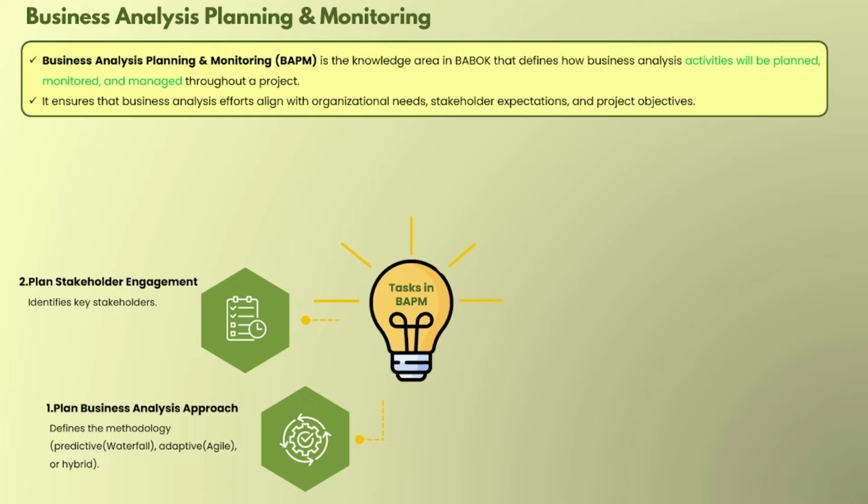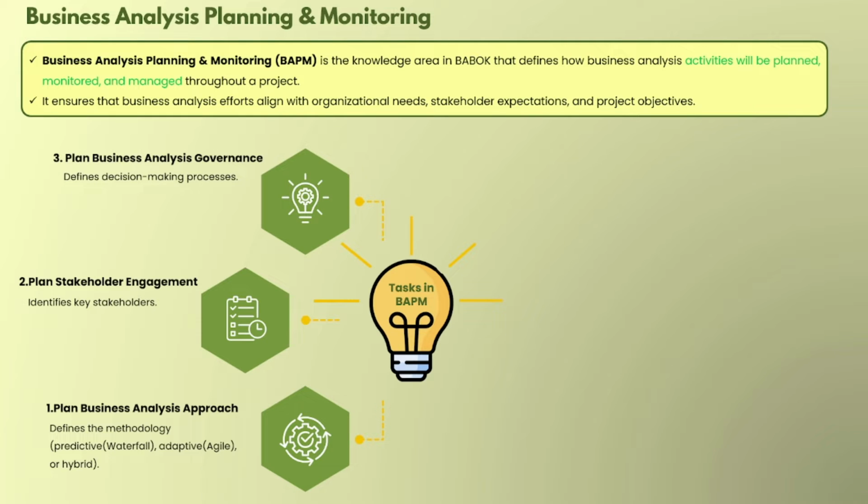It is like identifying the key stakeholders, figuring out who is involved, how they prefer to communicate, and how to keep them in the loop and happy. Plan business analysis governance. It's like defining decision making processes. Set some ground rules like how decisions will be made, who approves what, and how change will be handled.